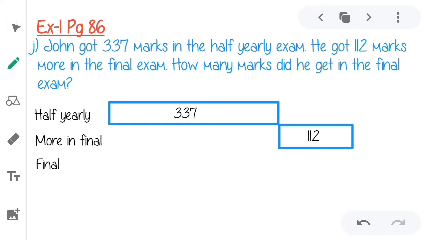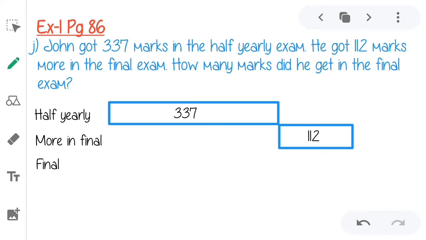Now children, let us solve one story sum related to the same topic. This question has been taken from page number 86, exercise 1. We will solve the J part. The question says, John got 337 marks in the half yearly exam. He got 112 marks more in the final exam.